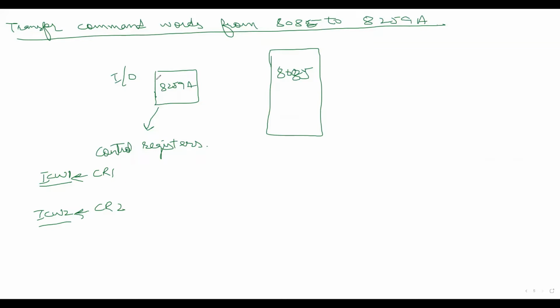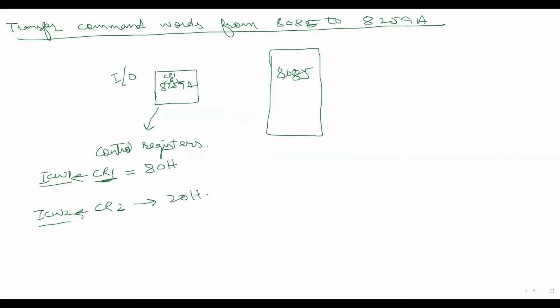These are considered output devices, meaning 8085 can send data to them. Control register 1 has address 80H and control register 2 has address 20H.